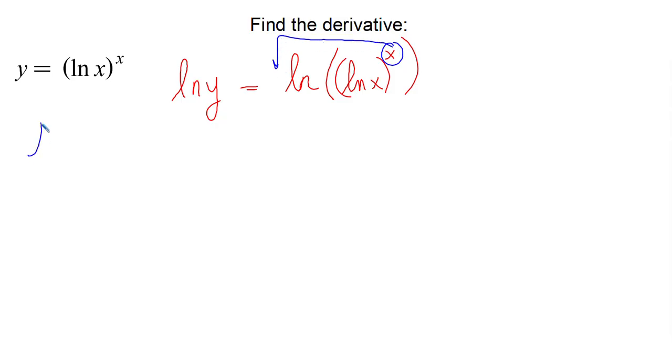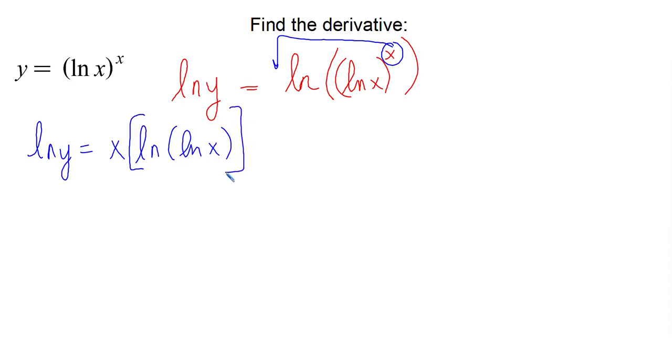So we end up with the natural log of y is equal to x times the natural log of the natural log of x. And we'll differentiate both sides implicitly.